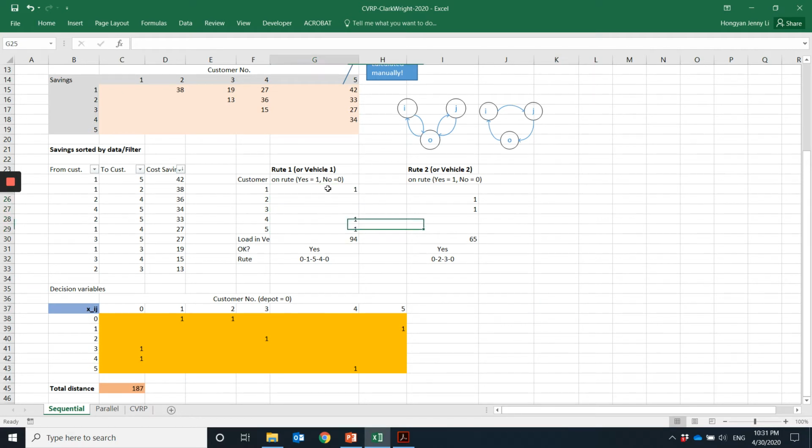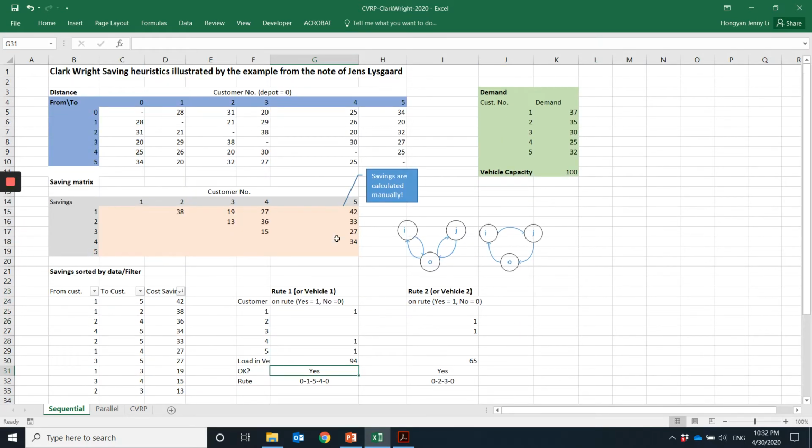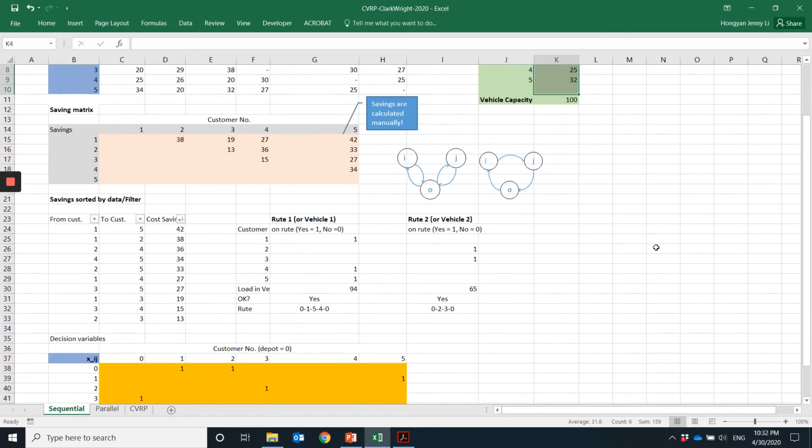I put this part of the calculation because I would like to calculate if this route or this chain will violate the capacity constraint for each vehicle. We know this vehicle's capacity constraint is 100. So I put the 100 capacity constraint here, and I also give the demand information or parameter in this table. I know how many units they need.